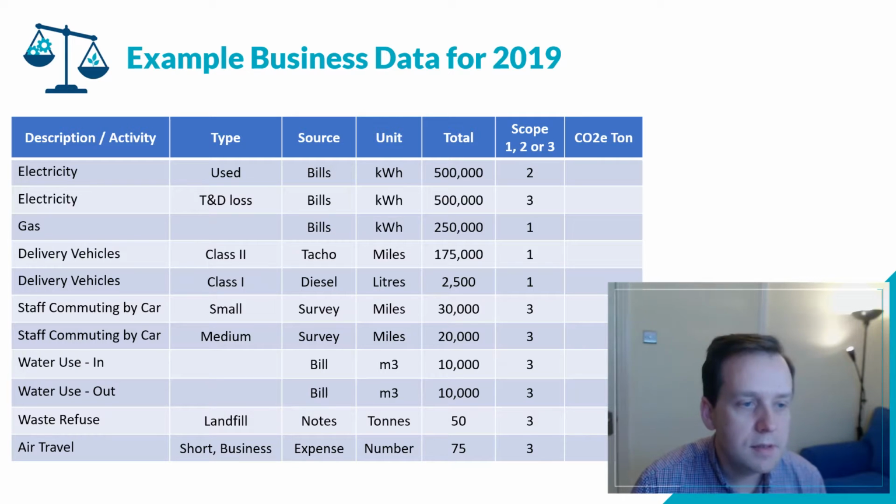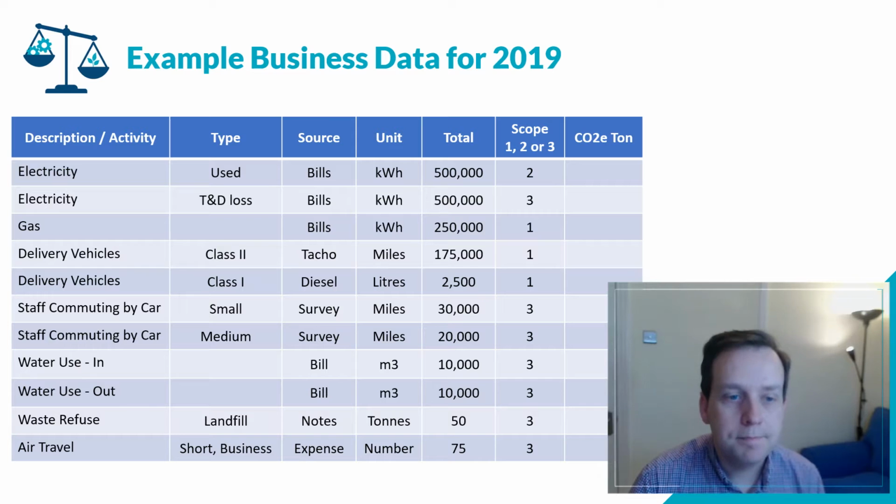But also there's a scope 3 electricity usage, which considers the transmission and distribution loss. Now it's the energy company, your local national grid and your local distribution company, that is responsible for it. But indirectly, because you've used the electricity, it's recorded as scope 2, but also you have to identify the emissions associated with scope 3.